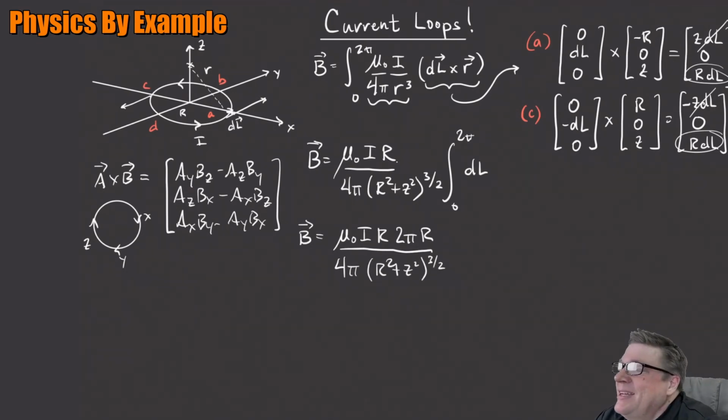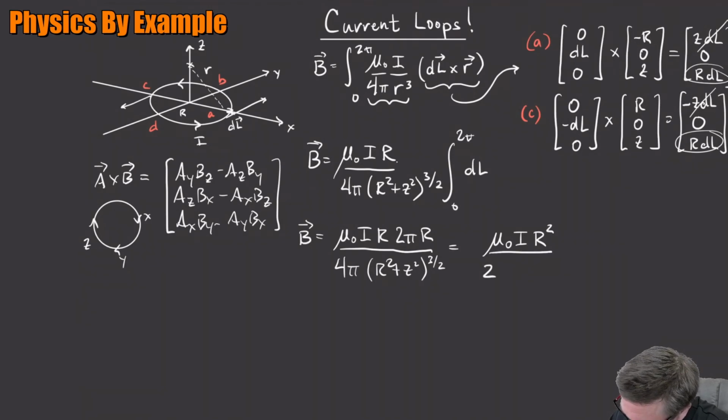Okay, well, I guess I can combine stuff together, cancel stuff out. So this is going to be mu naught I R squared. The 2 pi and the 4 pi are going to cancel to make a 2, (R squared plus z squared) to the 3/2.